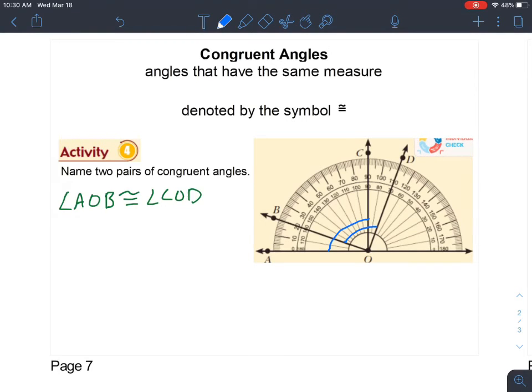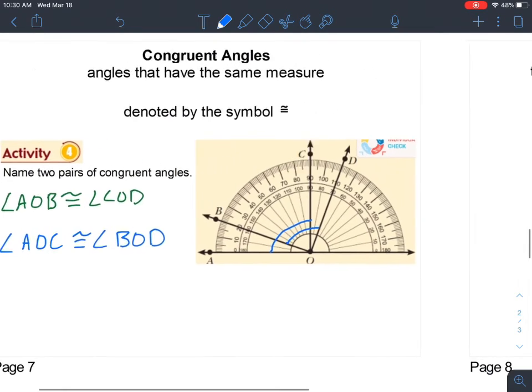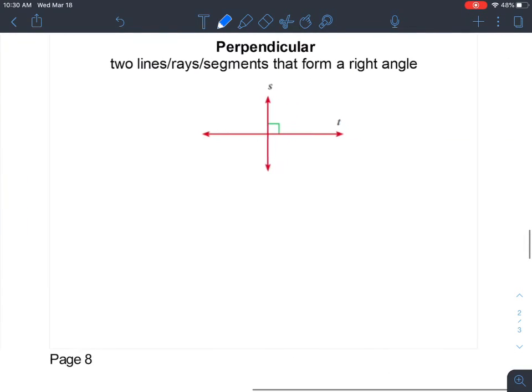So those are indeed going to be congruent because they're both 90-degree angles. They're both right angles. So the first one here is going to be angle AOC, and then the second one is BOD. And there you go. Those are the two pairs of congruent angles.